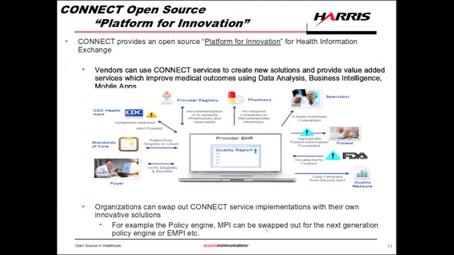The last thing Connect provides to innovate is that you can use your own MPI, policy engine, policies, and so on. You don't have to use what's bundled in Connect and produced in the open source. That gives you the flexibility to add value-added services when you're innovating and trying to come up with the best solution that meets the customer's needs.